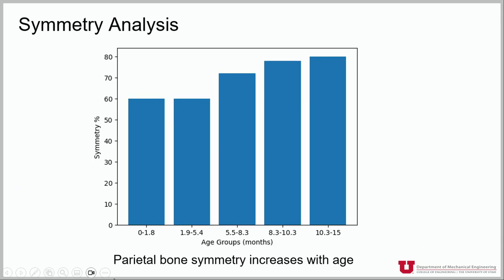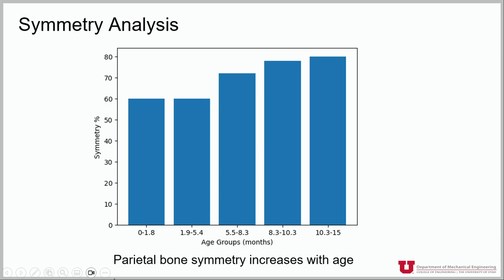The symmetry analysis was also interesting. To perform the symmetry analysis, we essentially did paired t-tests between the left and right parietal bone. We had one location on this side paired to the exact same location on the other side. And within our age groups, we did paired analyses to see if there were significant differences between the left and the right. And the metric you see is how many of those locations were not significantly different.